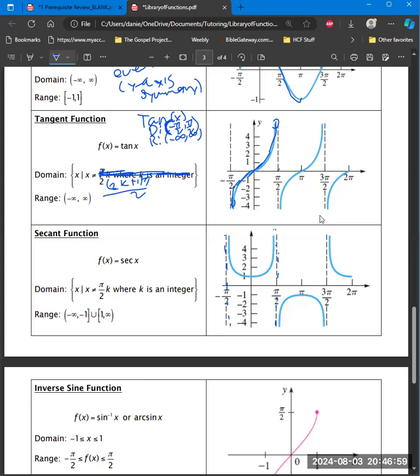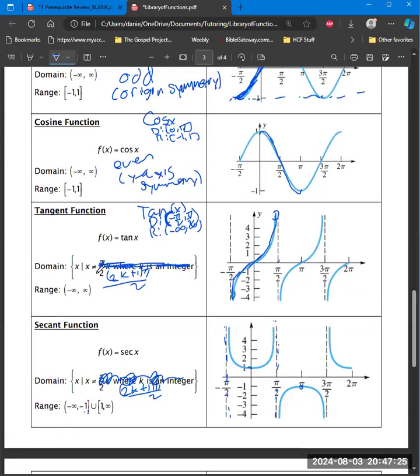So we have the same thing here, where the domain can't be an odd multiple of pi over 2. And notice the range goes from negative infinity to negative 1 included, and from 1 included to positive infinity. We'll come back and talk about these inverse trig functions in a minute.